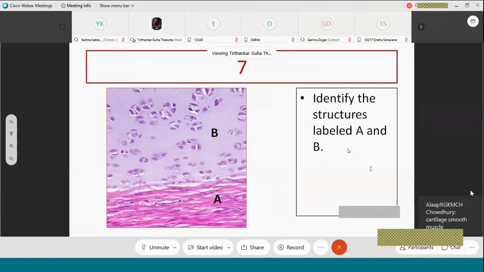B typically is hyaline cartilage, where you find a bluish tint in the hyaline matrix, in which there are lacunae containing cells and some empty lacunae as well.